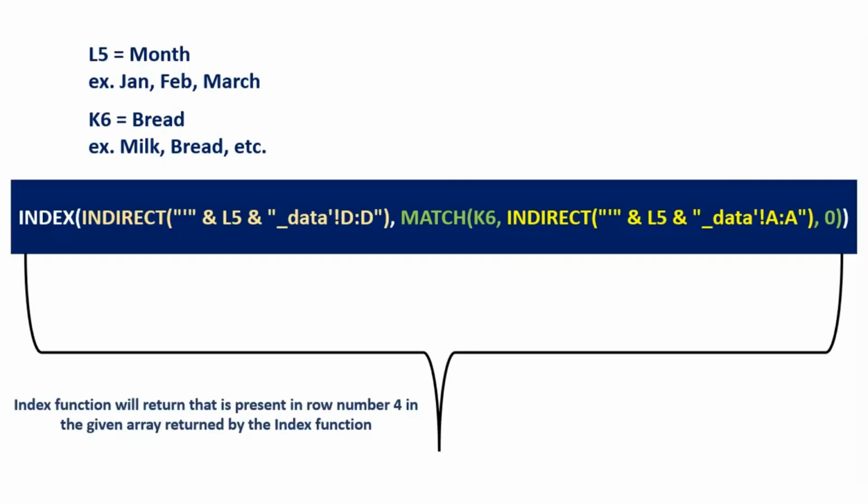The INDEX function will return the value present in row number 4 of the given array, and the value present in the fourth row of column D would be equal to the profit for bread as a product in the February month.